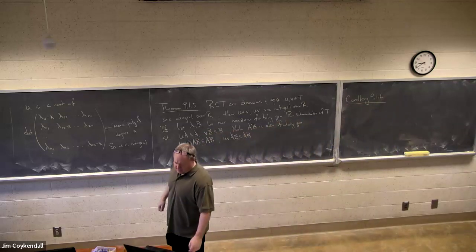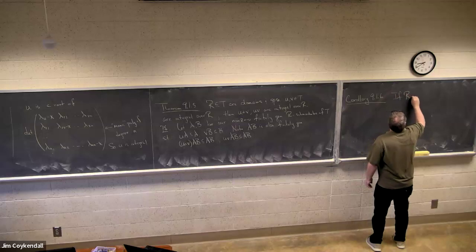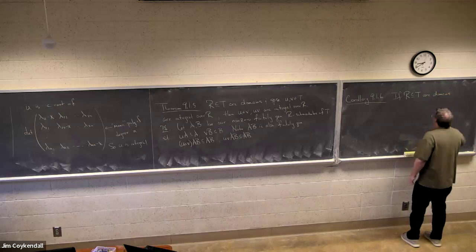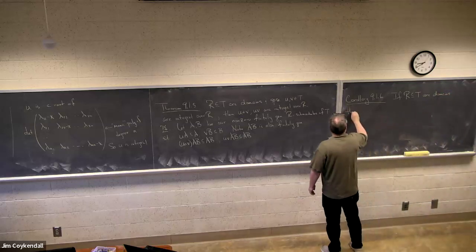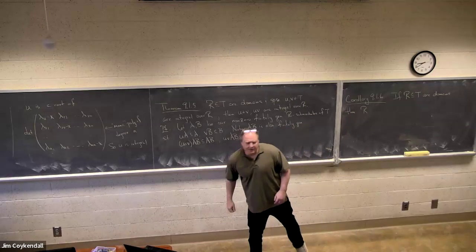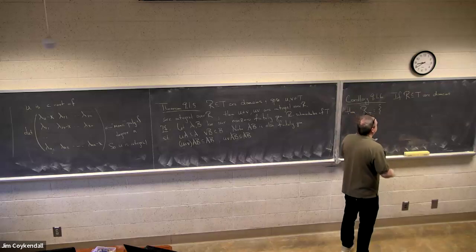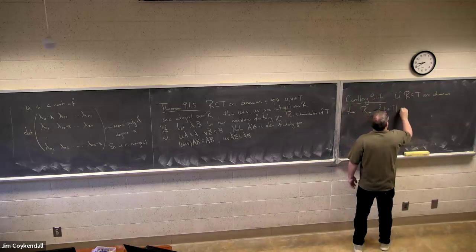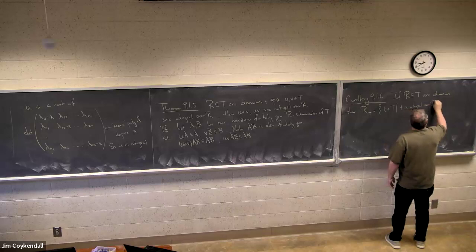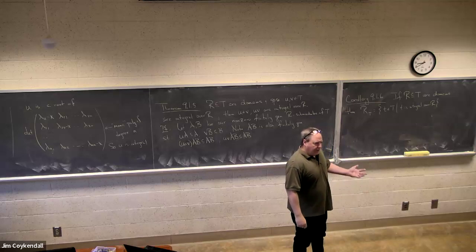If R and T are domains, then this is the set of stuff in T that is integral over R. This is the analog of the algebraic closure of a field in a bigger field.